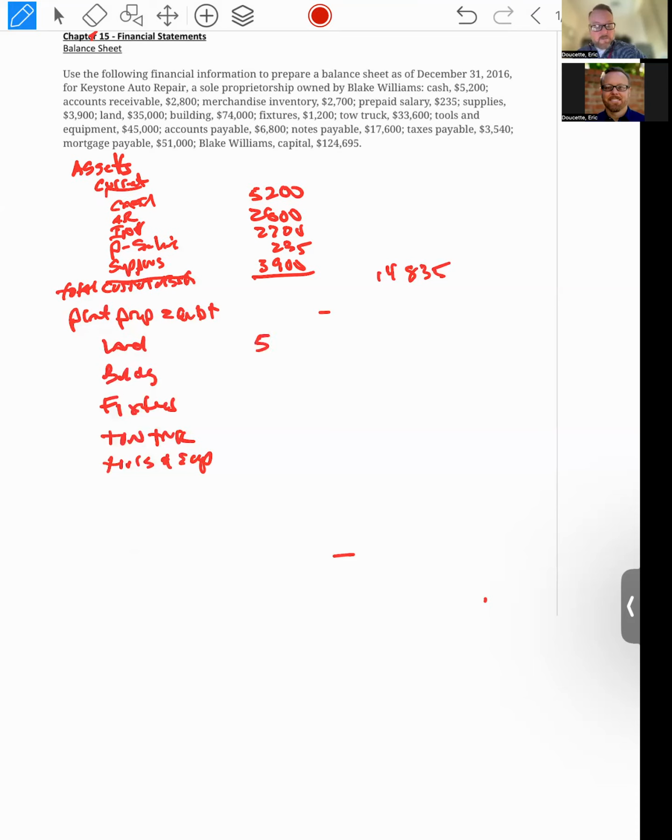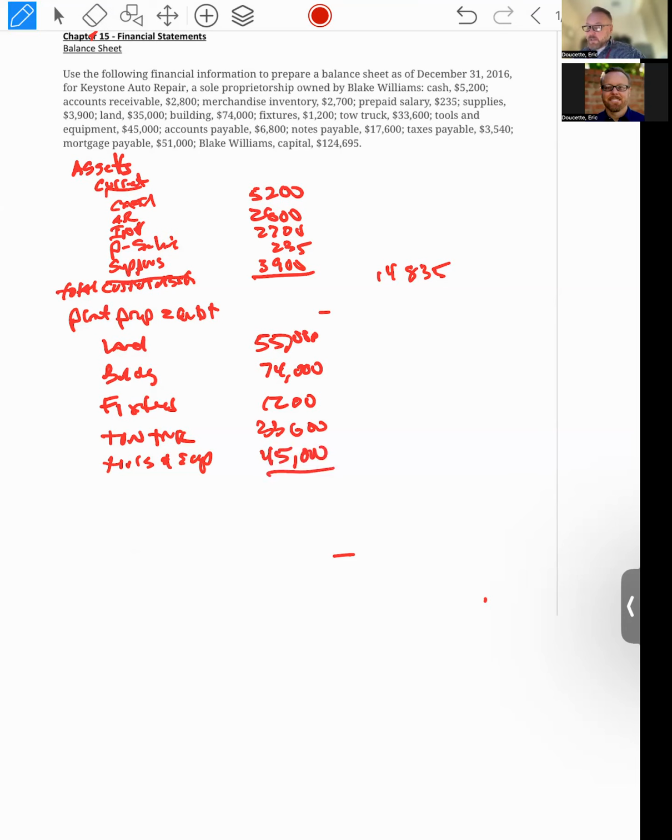So the land was 55,000. The building was 74,000. The fixtures were 1,200, not 12,000, sorry. The tow truck was 33,600. And then the other one was 45,000.